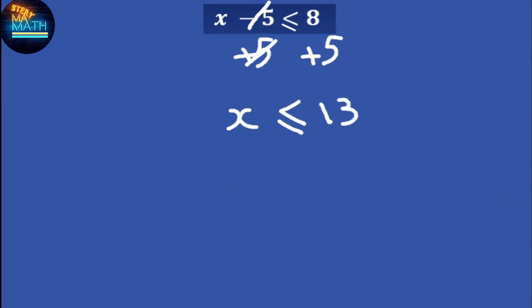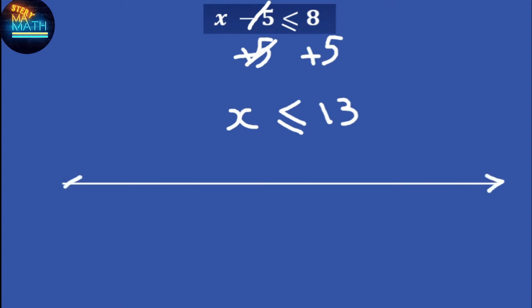And if you want to plot this on the number line, I will draw a number line here, and here's 13. Because you have an equal sign underneath the less than, I will draw a closed circle.